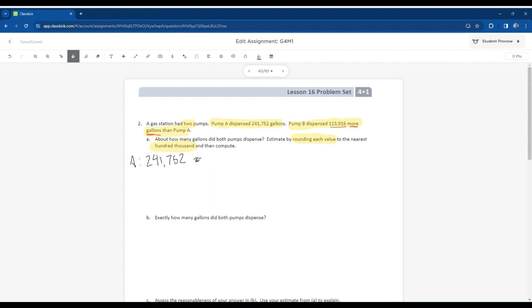So to round that to the nearest 100,000, identify the digit in the place value being rounded, take a peek over to the digit to the right, and that'll tell you what to do with that rounded amount. So we would round this to 200,000.